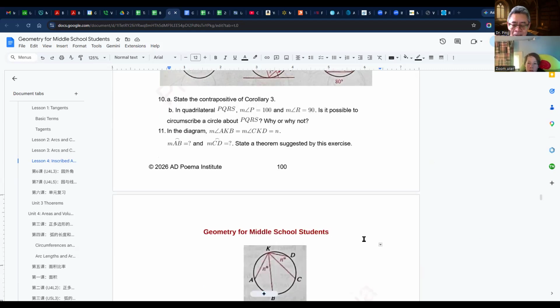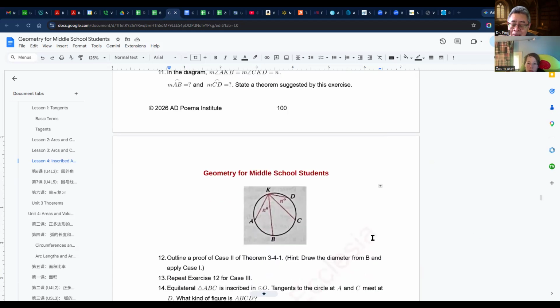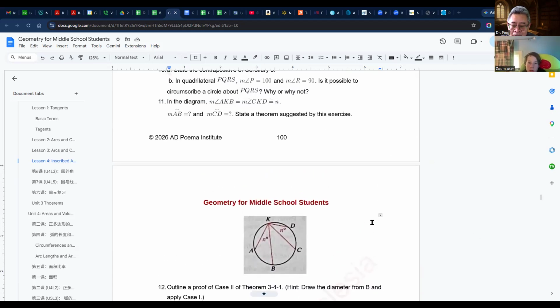Okay, 11. In the diagram, angle AKB is equal to angle CKD, both equal to N. So what is the measure of AB and measure of CD?